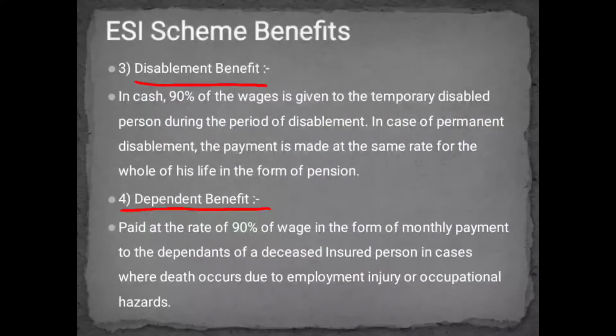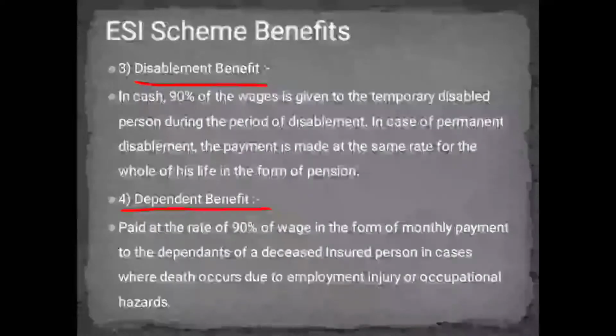So in such cases, it is paid at the rate of 90% of wages monthly to the dependent. See, in disablement, payment is made to the person himself who is not able to work. In the case of death, payment is made to his wife or whoever is dependent on him.